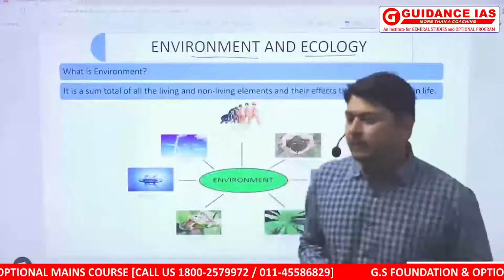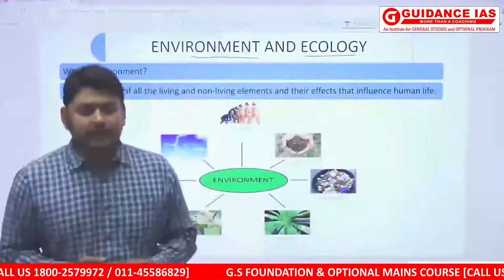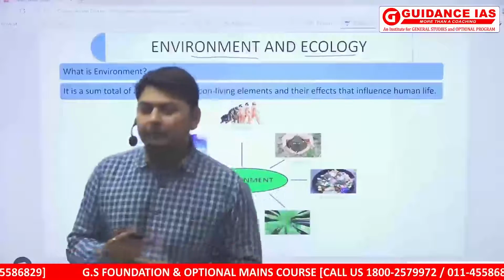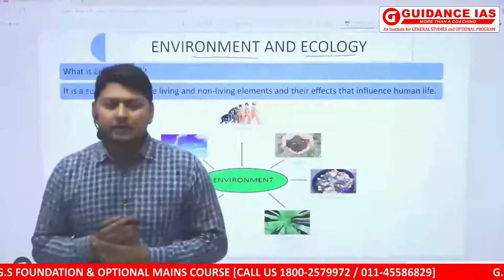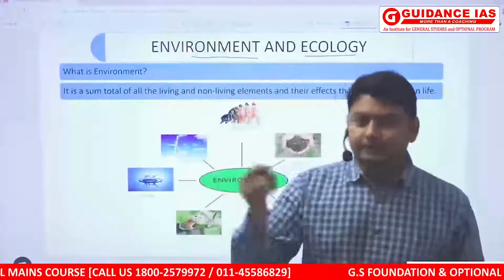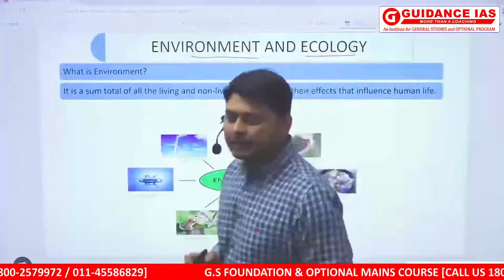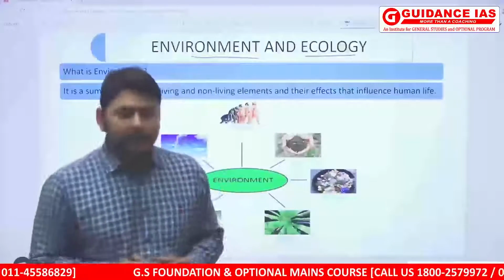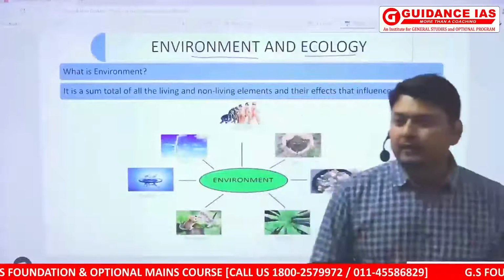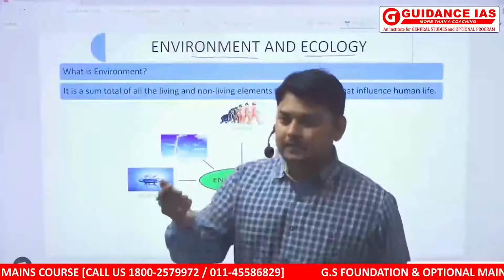Okay. If I take the example of this classroom, we have lights, chairs, all of you human beings, ACs, and water. So here we have something that is living, that is you, and something non-living, that is this wood, this chair, this air, the electricity, and the lights.